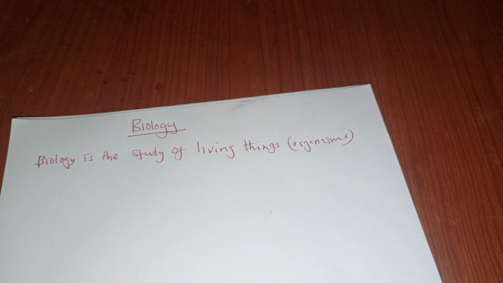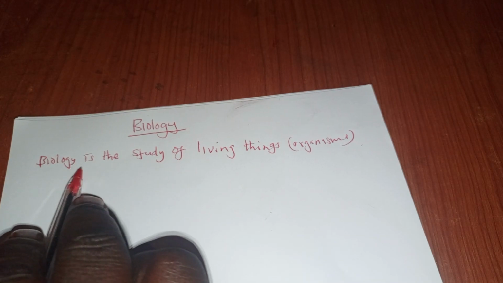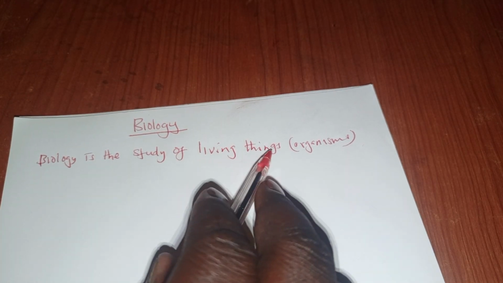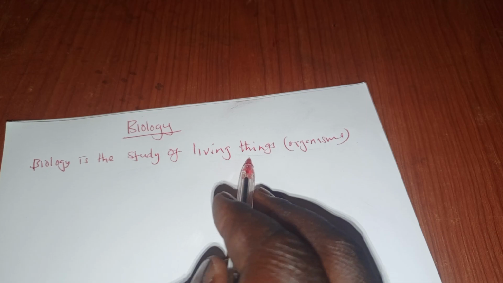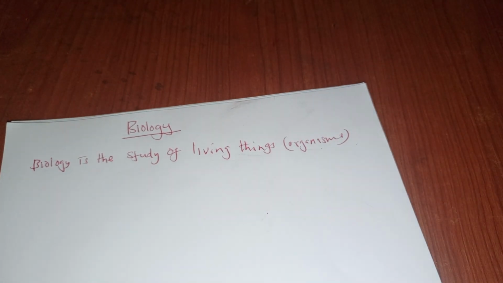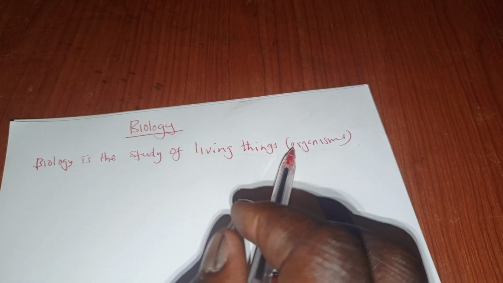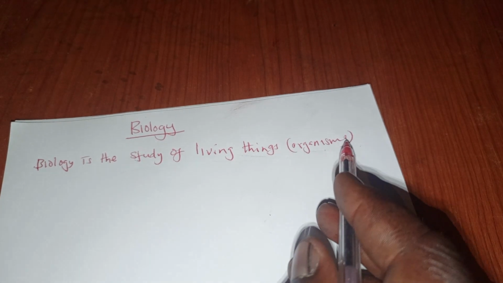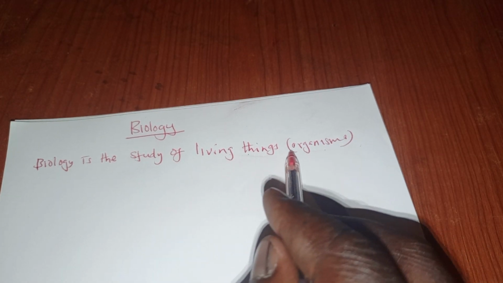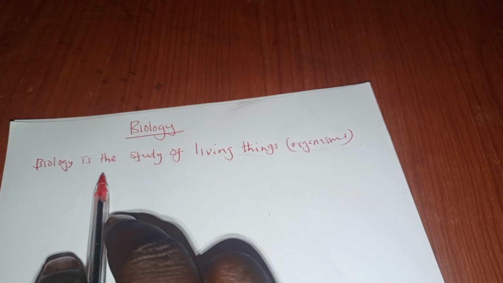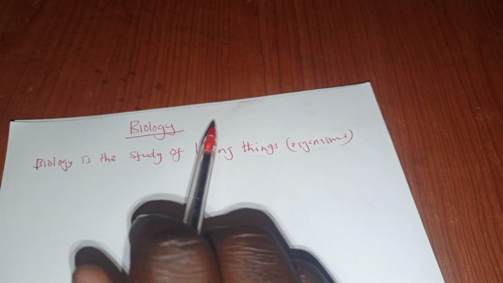The other term for living things is organisms. So biology is the study of living things or living organisms. For example, if someone calls you a living organism, it's not an insult; in fact, in science, a living thing is the same as an organism. So the definition of biology is the study of living things or living organisms.